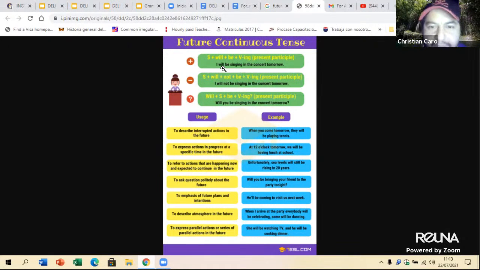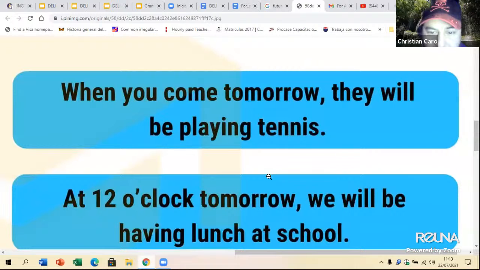Entonces, I'll be singing in the concert tomorrow, right? ¿Esto se usa para qué? To describe interrupted actions in the future. Like, for example, when you come tomorrow, they will be playing tennis, right?